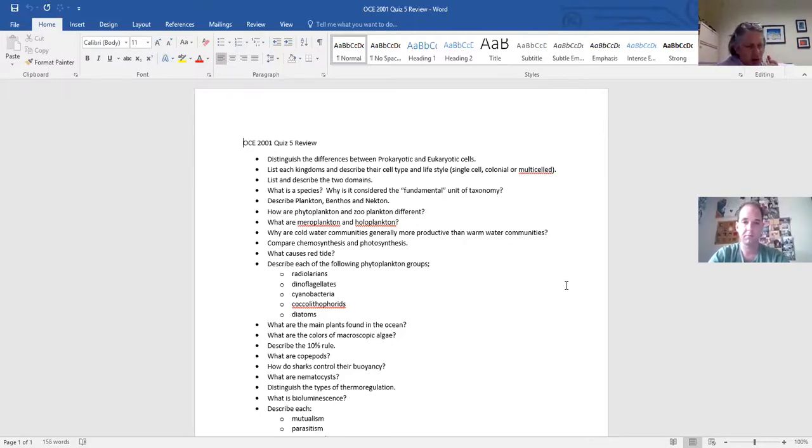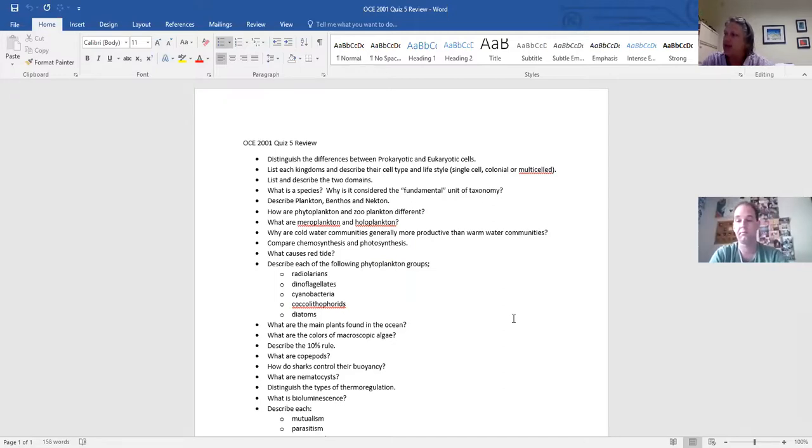It causes eyes to water, runny nose, a little hacking cough around these parts. It can be more severe in other areas. Different species have different toxins. The phytoplankton groups, I do have a mistake on this, my apologies. Radiolarians are not a phytoplankton, they are a zooplankton. The radiolarians are a zooplankton.